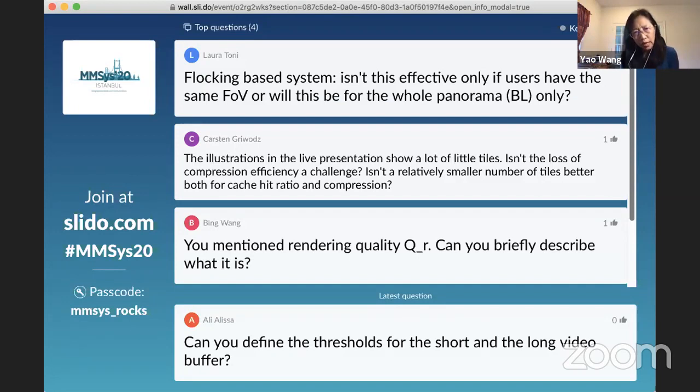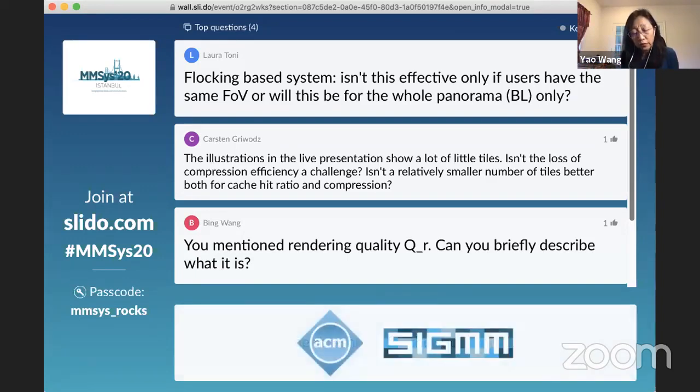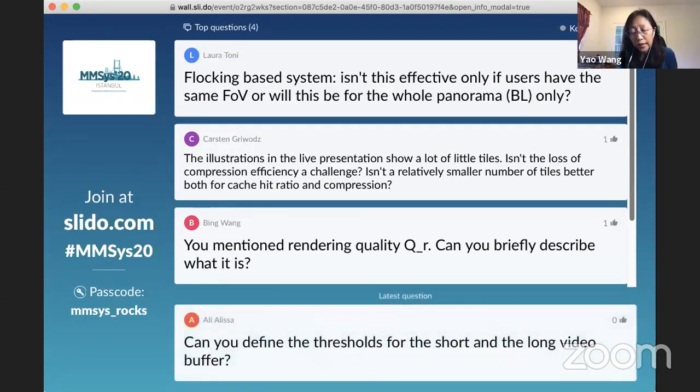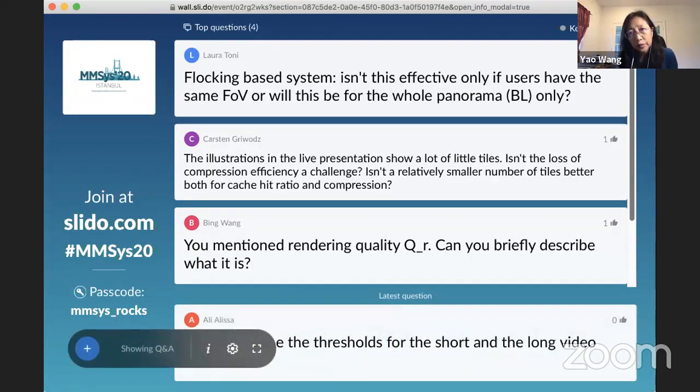So we have to figure out a way to combine or take an average of others' FOV for that segment, but also consider how your own trajectory has been. I didn't go into detail, but essentially we use a weighted average of both. We predict your future FOV from your past, but then we don't just rely on that. We also look at what others have seen in this segment. We use a sort of weighted average among these. But I think moving forward, using the deep learning approach that I discussed will be more promising.